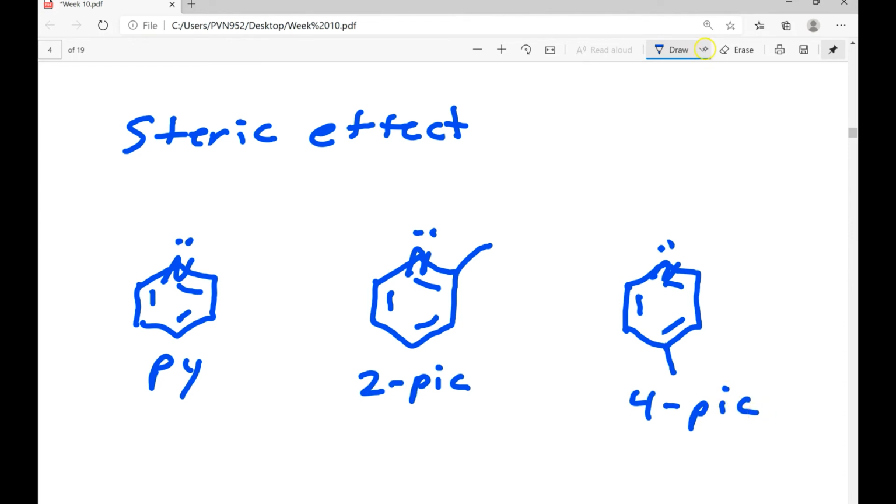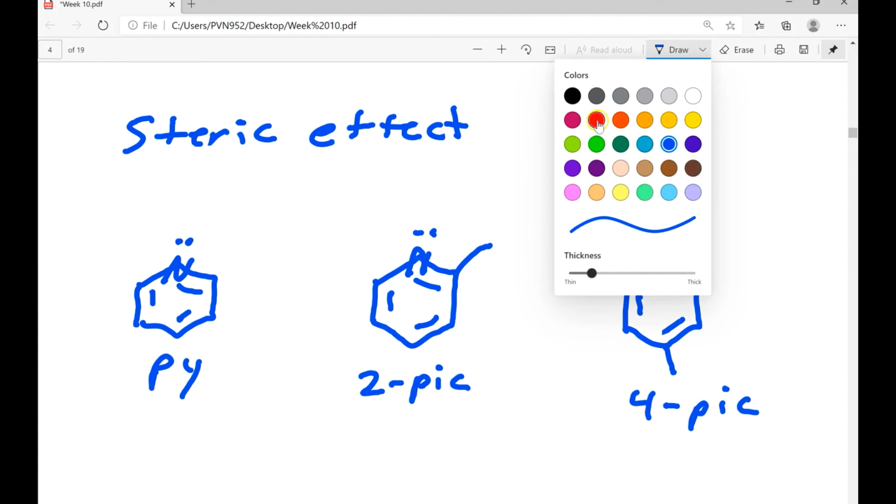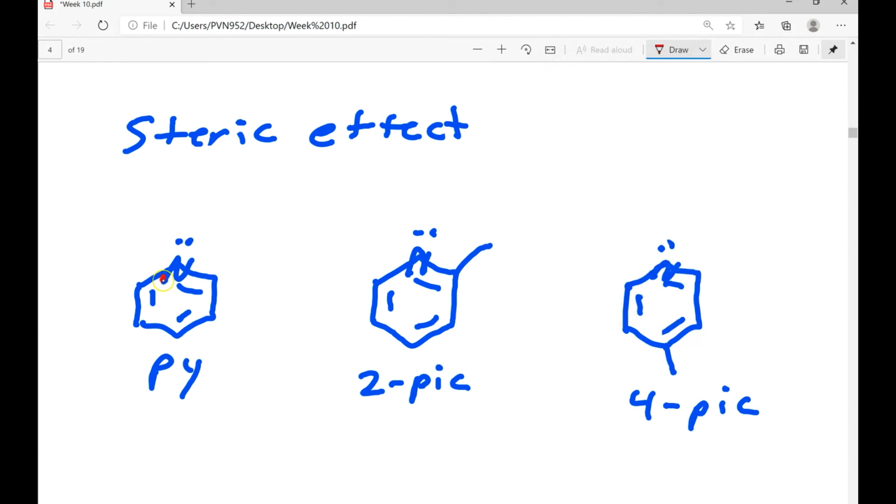So one thing to recognize is that we have a nitrogen with a lone pair on all of these molecules. This is sort of my tell for when I have a base. I have a nitrogen with a lone pair that's available. So let's compare these molecules. The difference between the pyridine and the picoline molecules is this methyl group right here.